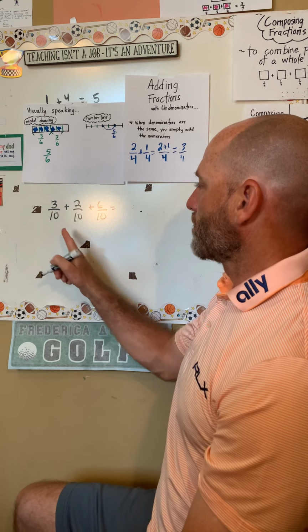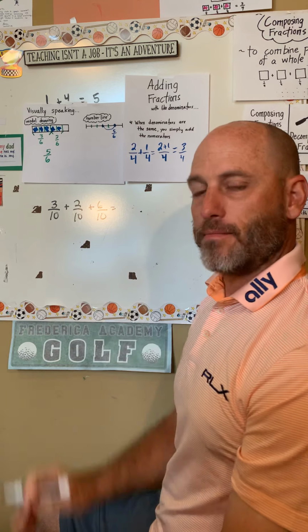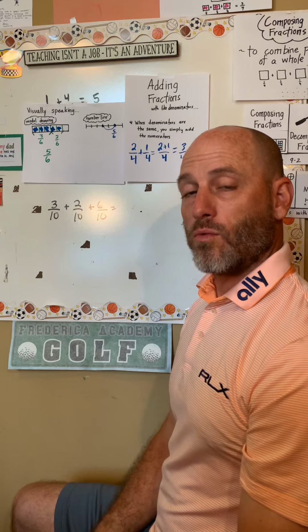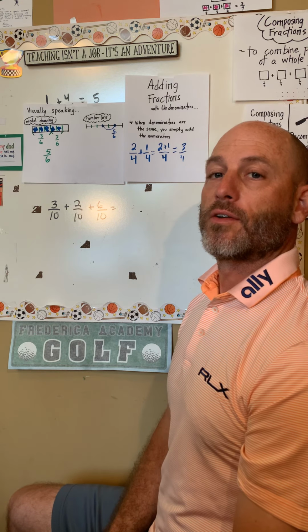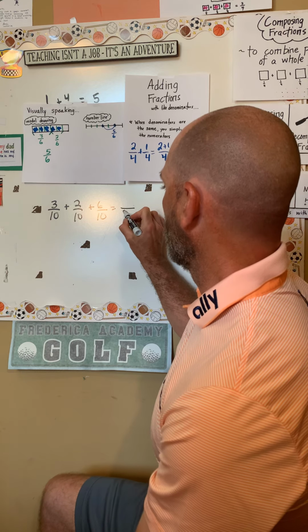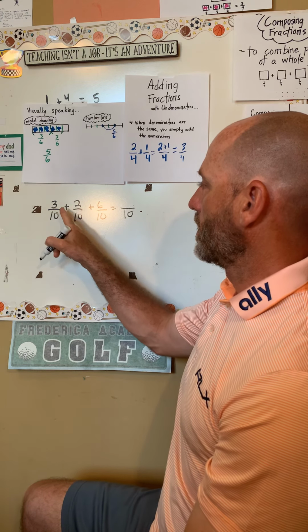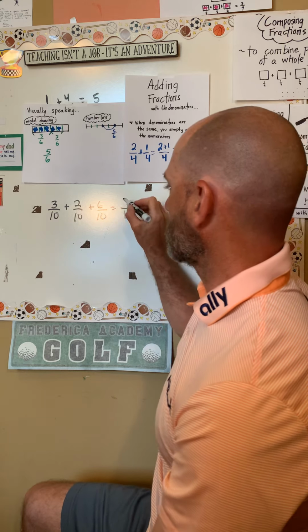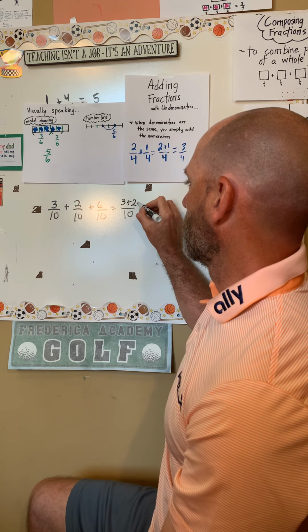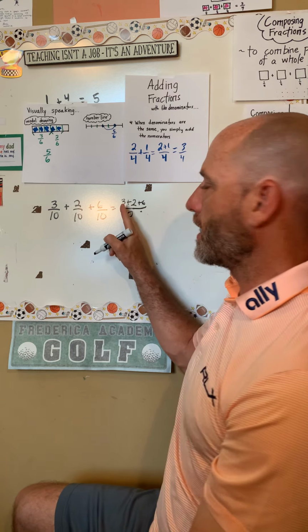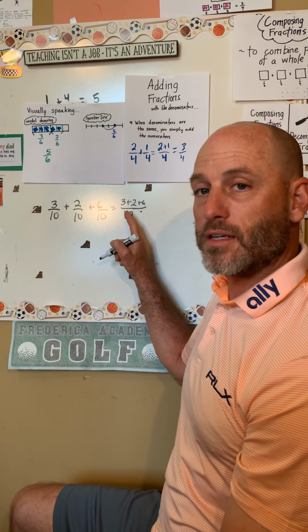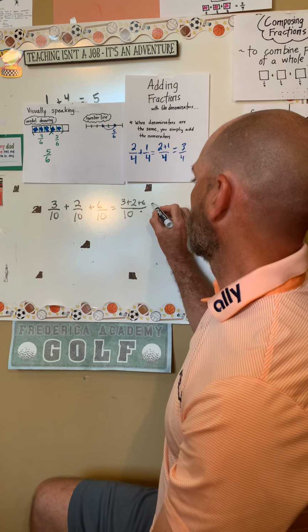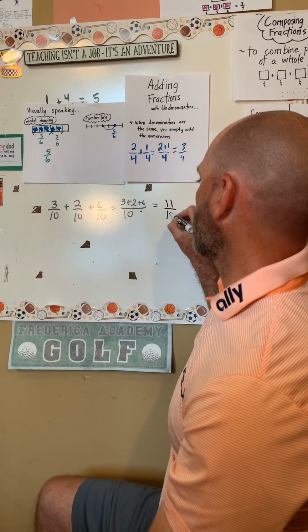This will be a perfect example because my tenths are all the same. When I have denominators that are the same, all I do is add my numerators. So 3 plus 2 plus 6. I know 3 plus 2 is 5, and then 5 plus 6 equals 11. So that is going to equal 11/10.